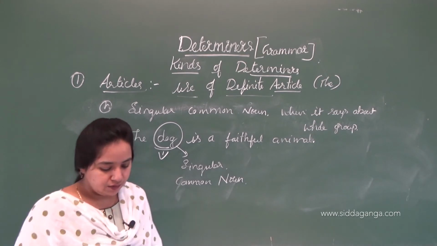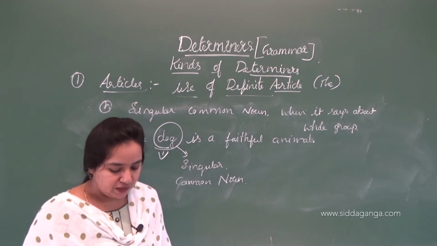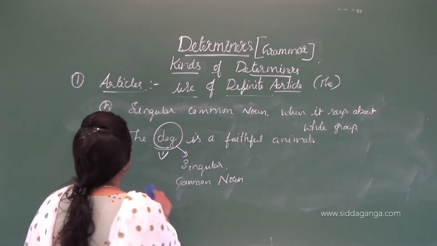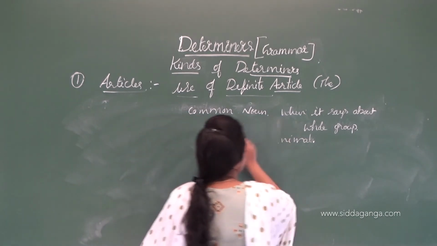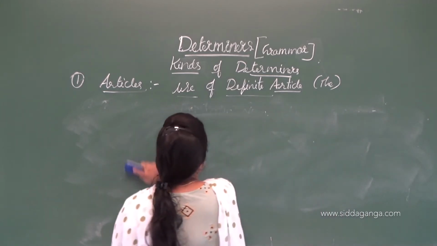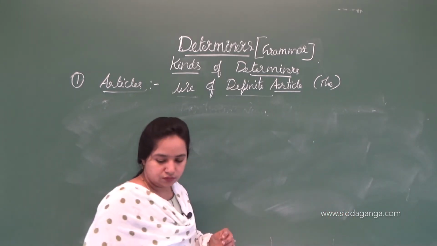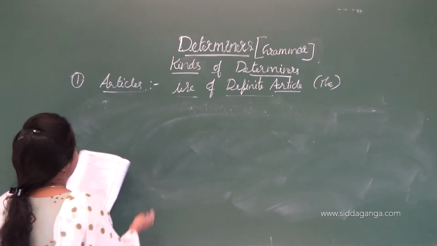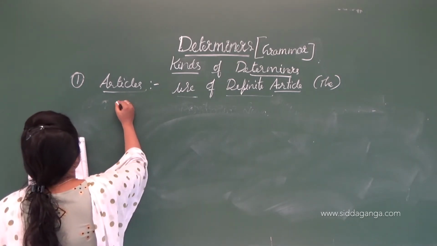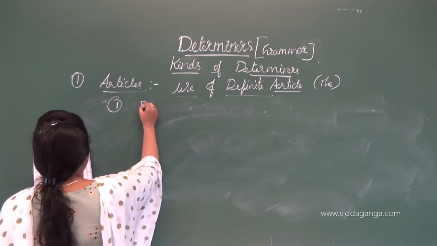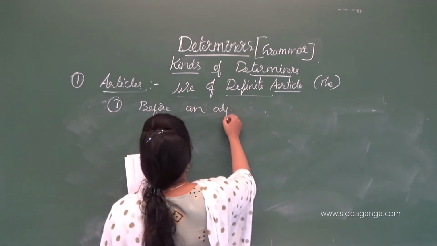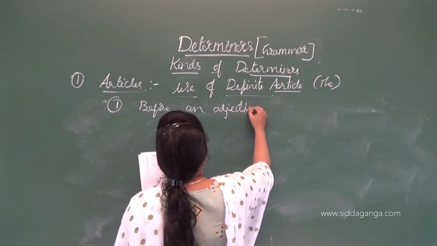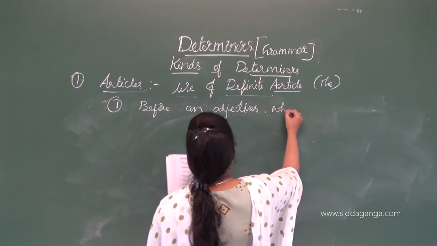So next, come to the adjectives when the noun is understood. Next, where we are using the definite article the here. Before an adjective, adjectives when the noun is understood.